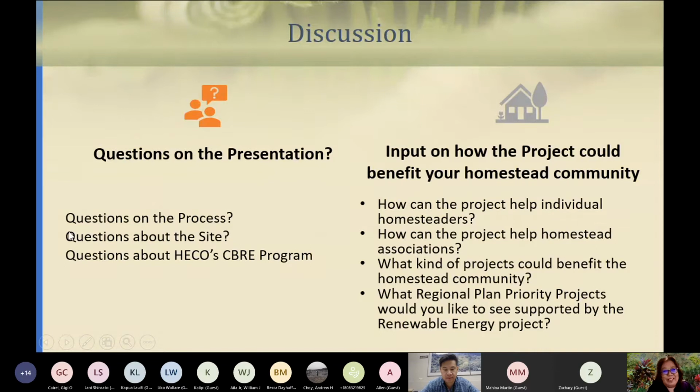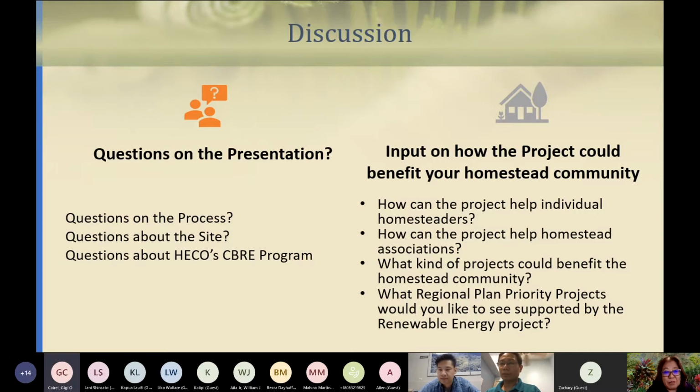So that's a lot of information, I know, but we wanted to leave time so that you could ask questions. If you have questions from HECO or us about process, or if you have comments about the site, we're still very early in the process, and we don't know this area like you folks know the area. So if you could provide input on that, it also helps to know what the priorities are in the community.